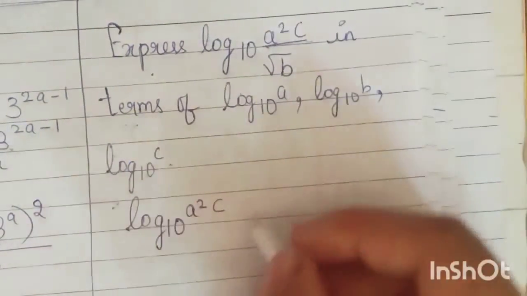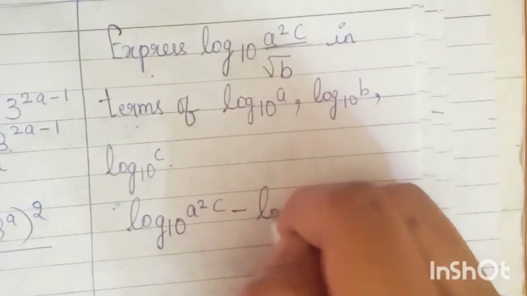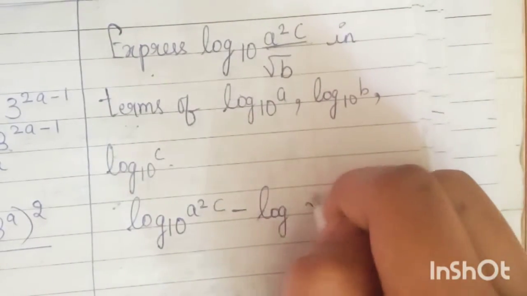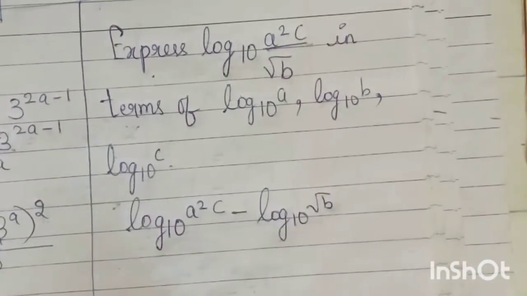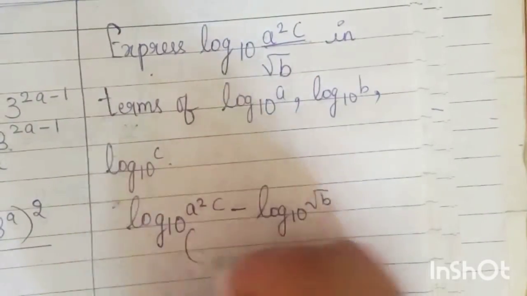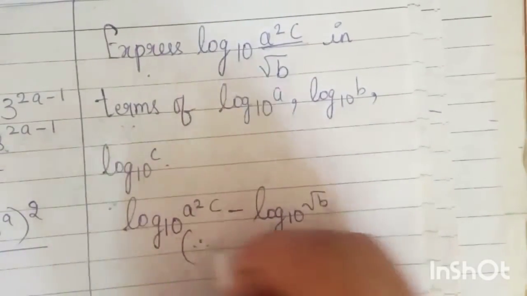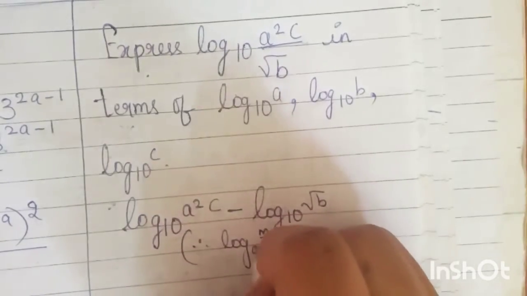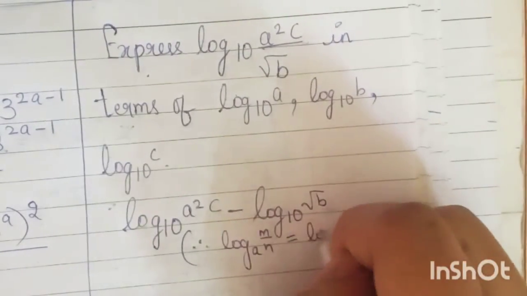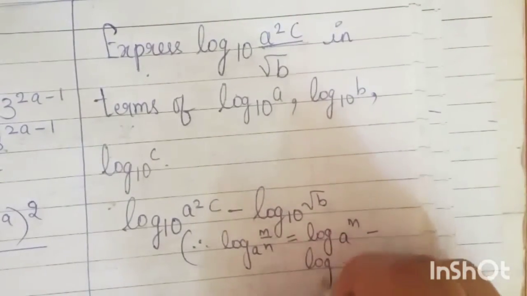Same thing I am using here, minus log root b to the base 10, okay. So I write the reason, so it will not be confusing, because log m by n to the base a is equal to log m to the base a minus log n to the base a.